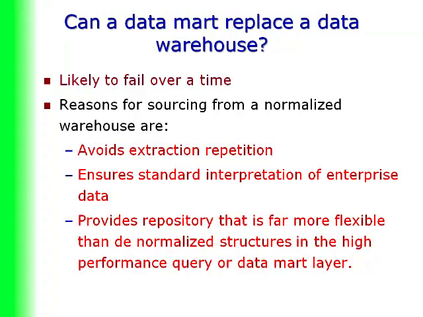The reasons for sourcing from a normalized warehouse are, first, to avoid repetition of extraction. Suppose more than one data mart needs data from a common set of source systems. In such a situation, every data mart accesses the sources independently, and each data mart should have its own cleaning process and integrate the required data, which results in duplication of effort.